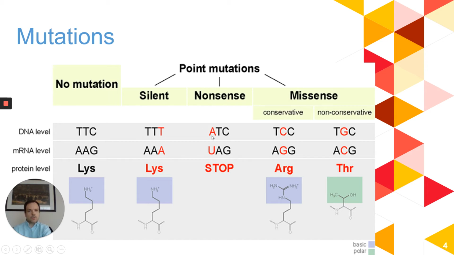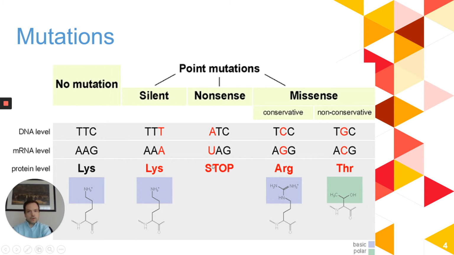So with a nonsense mutation, we end up coding for the polypeptide to basically stop building. And so therefore, we could end up with a half-formed protein. Perhaps it would have just started on its trek to building a protein, and now it's already stopped. And so therefore, we'll end up with pretty much a non-functioning protein if that happens.